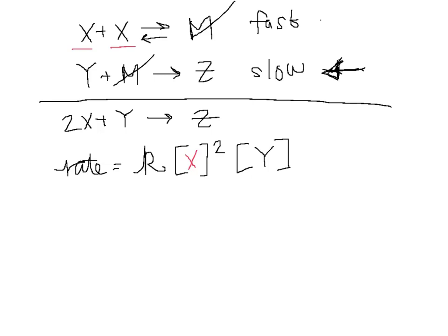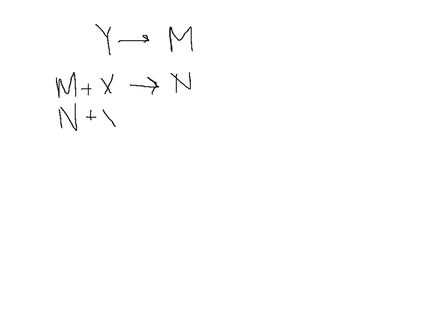Okay, let's do one more. Hope I'm getting the hang of it. So we have Y forms M, M plus X forms N, N plus X forms Z. This is slow, this is fast, and this is fast.